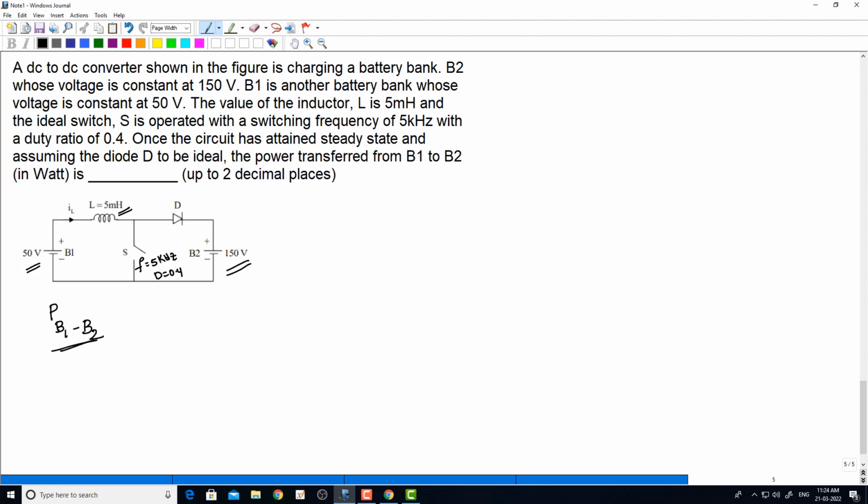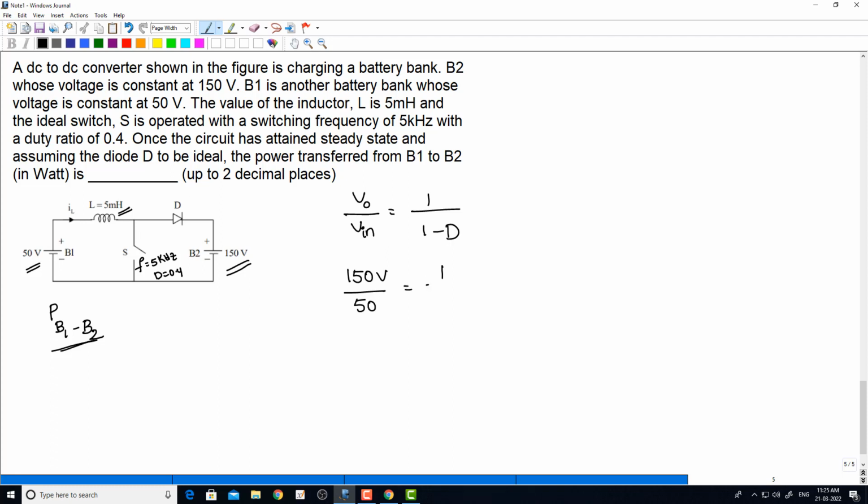So, this is a boost converter. For a boost converter, the voltage relation between V0 and Vin is V0 by Vin equals 1 by 1 minus D. We know the output voltage V0 is 150 volts and the input voltage is 50 volts.